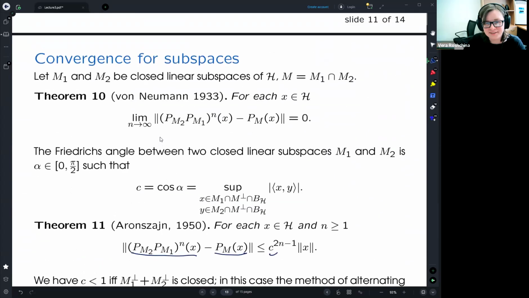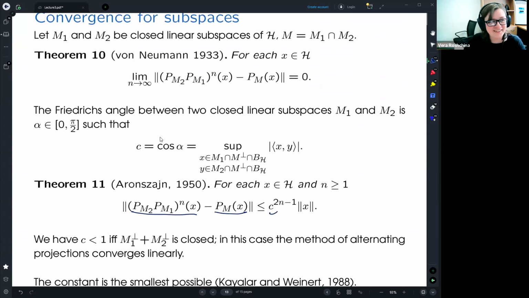Yes, it's very long and the notation is very strange. I think this is so mainstream now in projection methods that there are more modern papers to look at, and there's also a book by Bauschke and Combettes about projection methods. So we probably wouldn't be looking at von Neumann's paper.